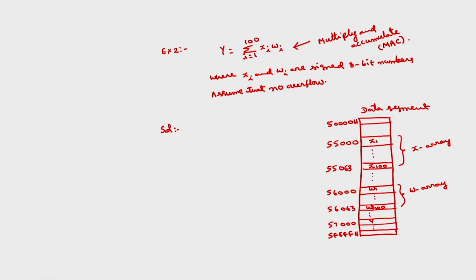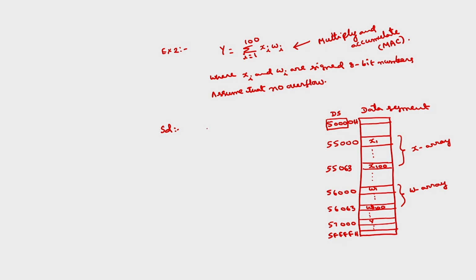With this assumption, first you have to initialize the data segment register with 5000H. As we know, the data segment register will contain the upper 16 bits of the starting of that particular segment. We cannot directly load immediate data onto the data segment register or any segment register.